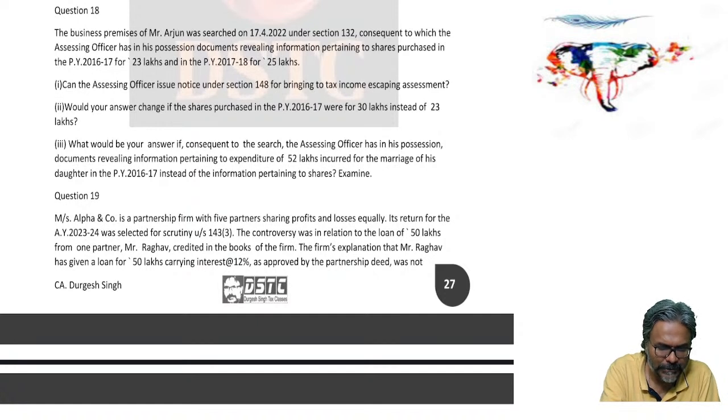Three questions, students, have been targeted over here. So a search is conducted, and the findings are that the assessee is in possession of documents which reveal that he purchased shares in the two previous years amounting to 23 lakhs and 25 lakhs.